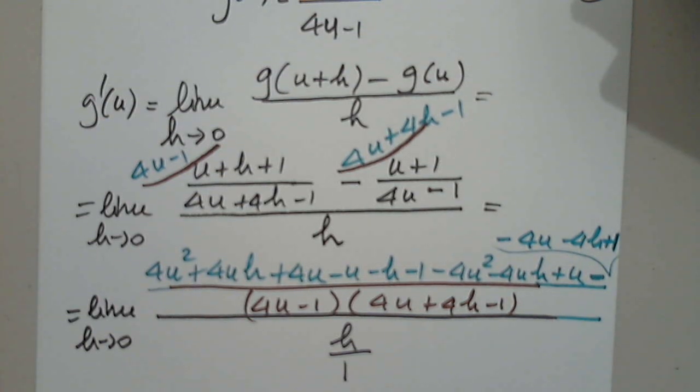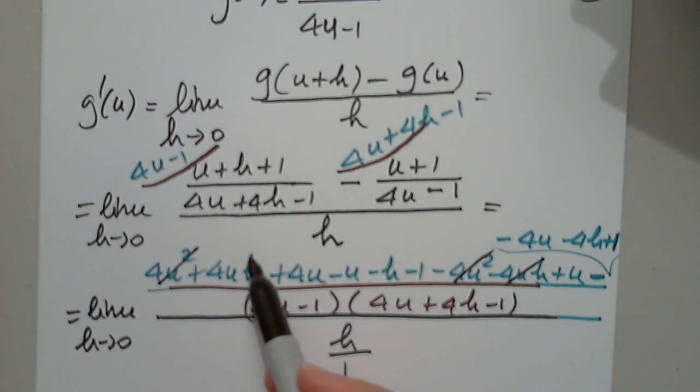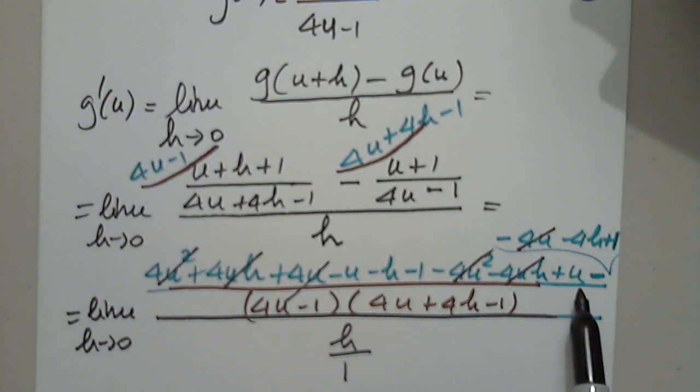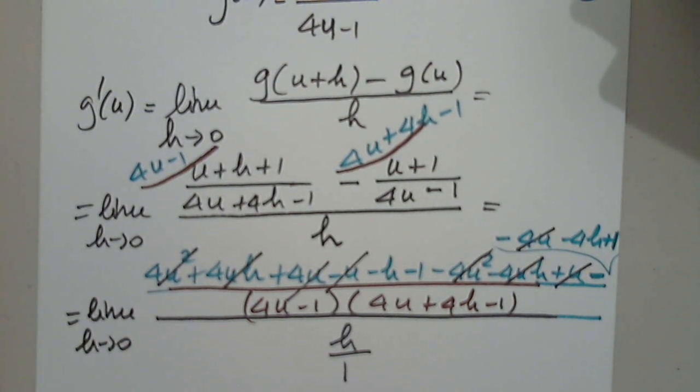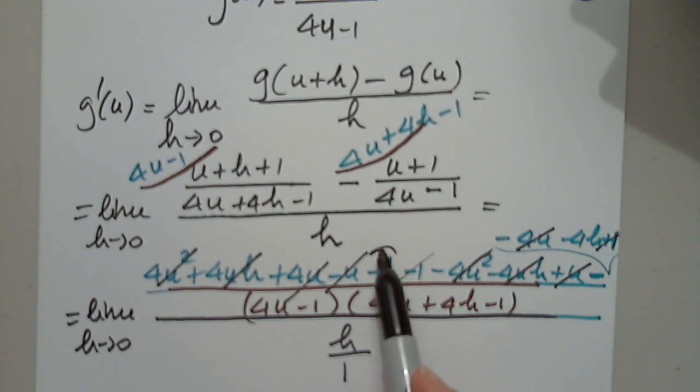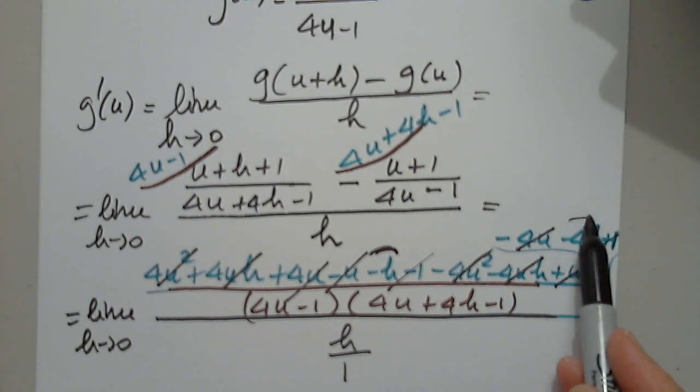All terms without h must go away. Maybe some terms with h, but at least those without h. Let's check the 4u squared. Yes. 4uh, it didn't have to because it has h in it, but luckily it went away. 4u, yes. Negative u with u. Negative 1 with positive 1. So this is left, and this is left.